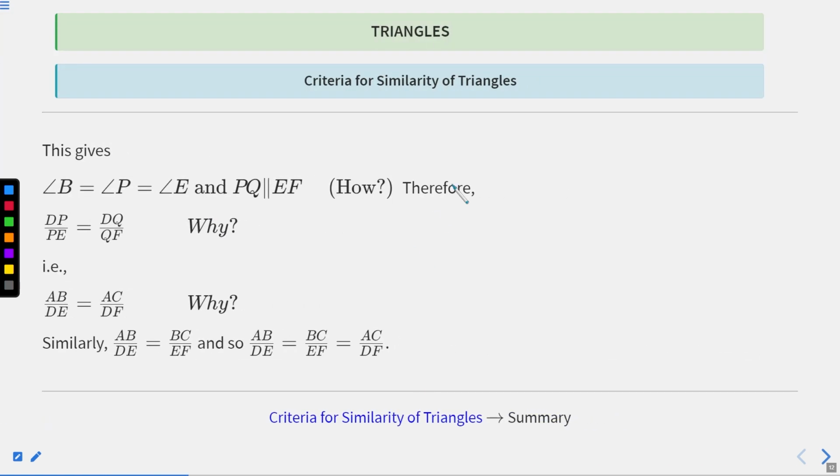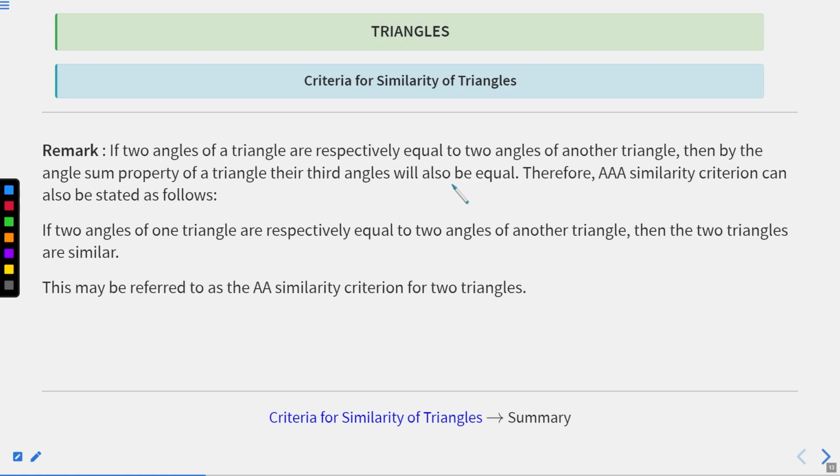Now let us make a remark. In this remark, it says that if two angles of a triangle are respectively equal to two angles of another triangle, then by the angle sum property of a triangle, their third angles will also be equal.